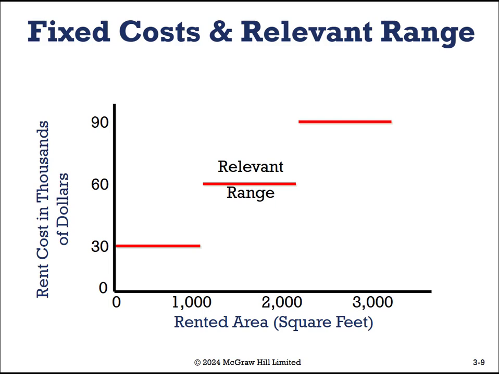The type of fixed cost differs from step variable costs because fixed costs have a wider activity step and cannot be adjusted as quickly as step variable, right? You're not just knocking out walls and adding on a floor as you get one more employee. Nah, you're going to stick the other employee. You're going to hotspot desks. You're going to have shifts. You're going to do what you need to do.